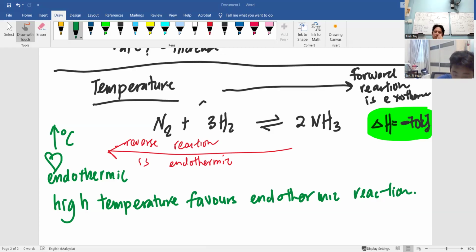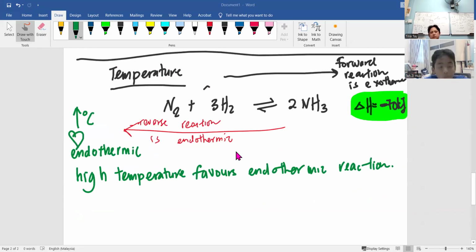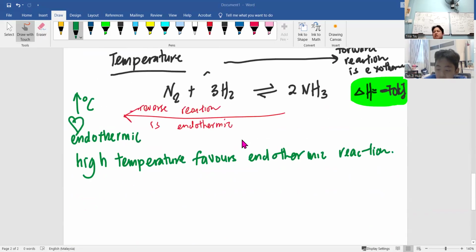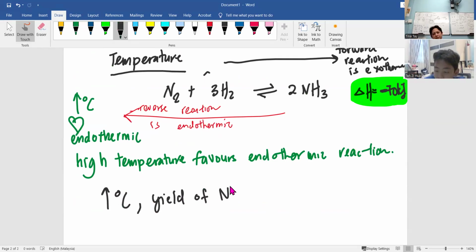So what happens when I increase the temperature? Will it favor the forward or favor the reverse? Reverse. Correct. So if I increase the temperature, the yield of ammonia decreases.